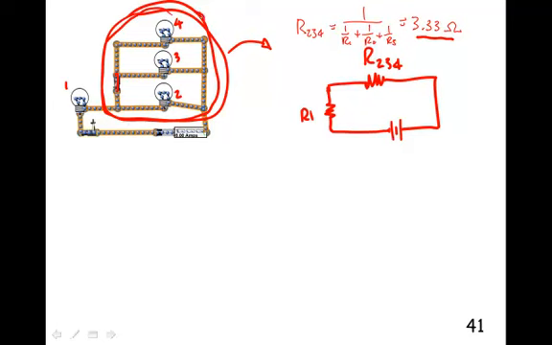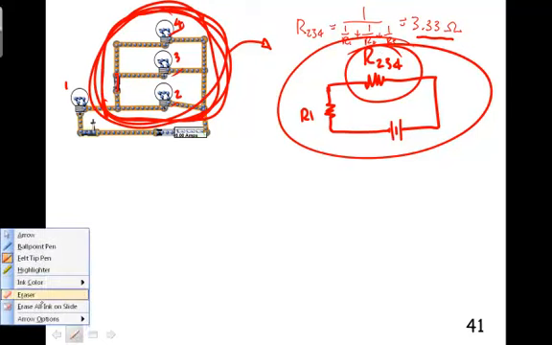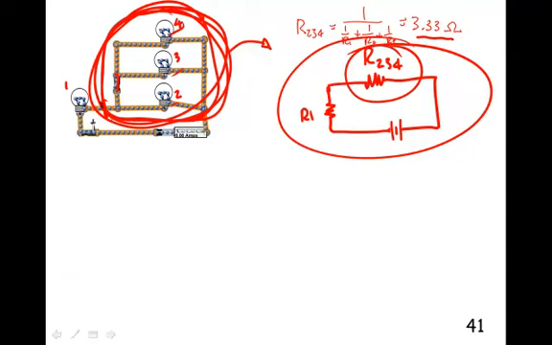And then I redraw the circuit with my R2,3,4 substituted in place of those 3 resistors, where I broke the circuit. So it was broken here and here. Between those 2 points in the circuit, I replaced that with an equivalent resistance, which I calculated here.